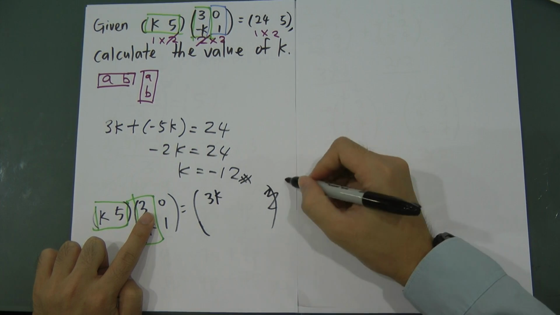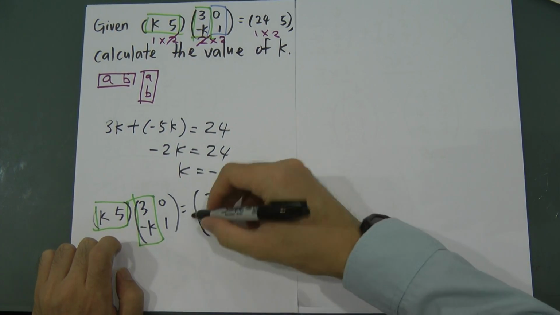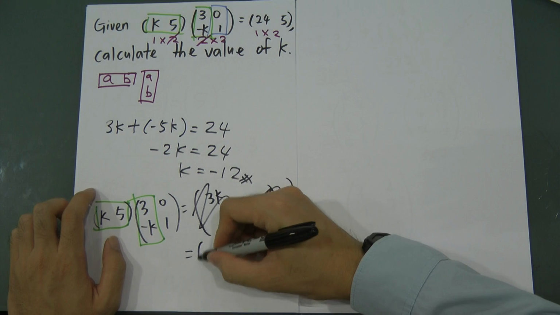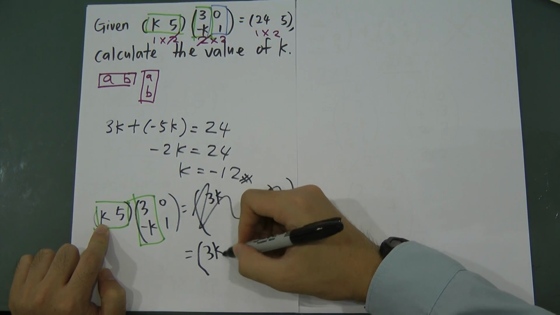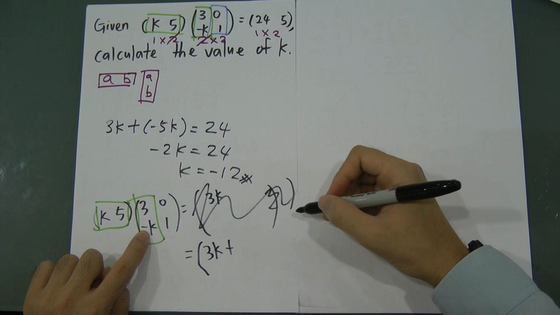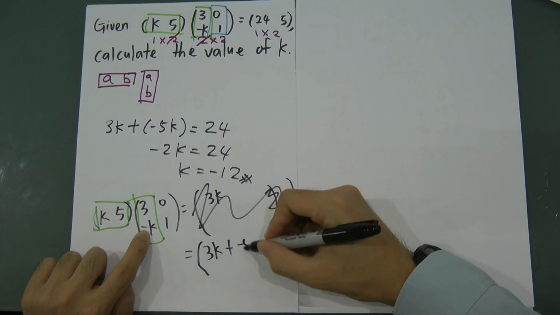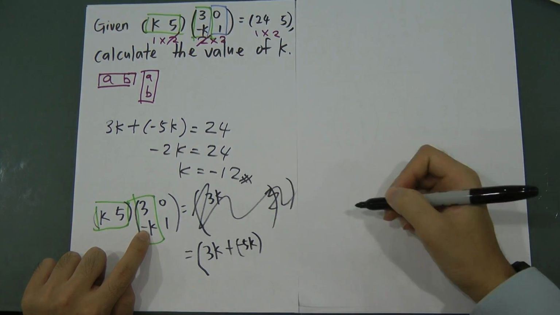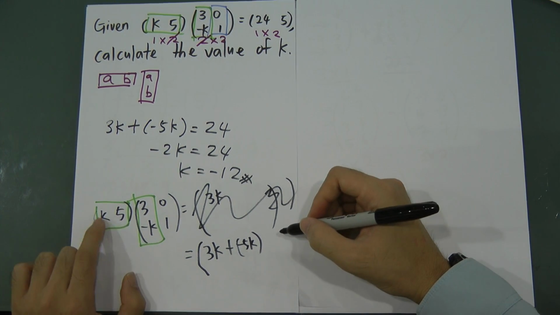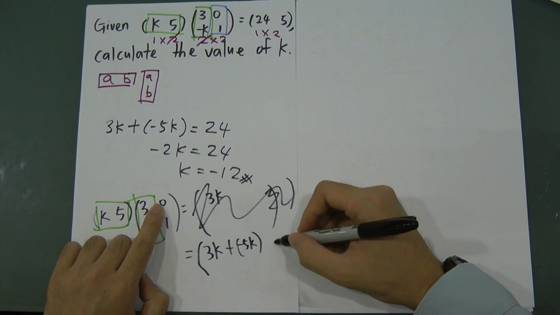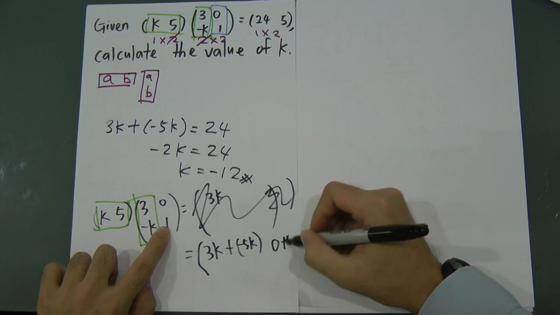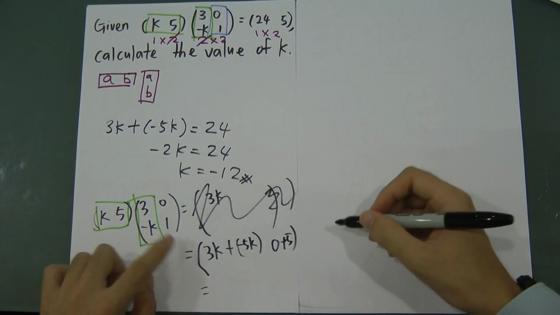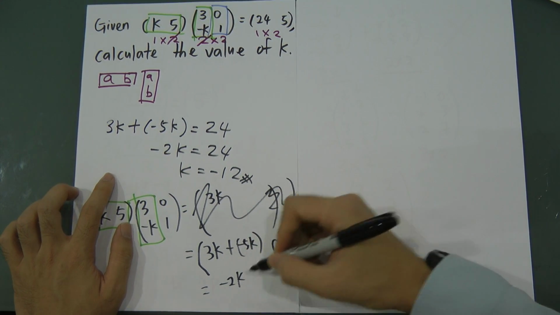Oops, I drew wrongly. Never mind, I write the answer on the bottom. K multiple 3, I got 3k. Plus 5 multiple negative k, I got negative 5k. First combination. The second combination over here is k multiple 0, I got 0. Plus 5 multiple 1, I got plus 5. So therefore my answer is negative 2k and 5.